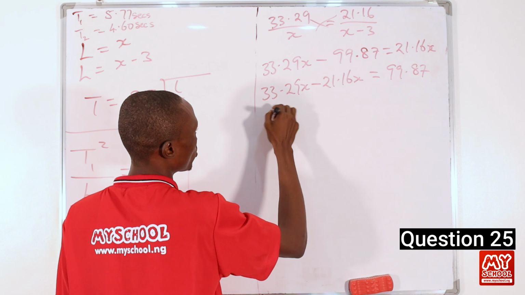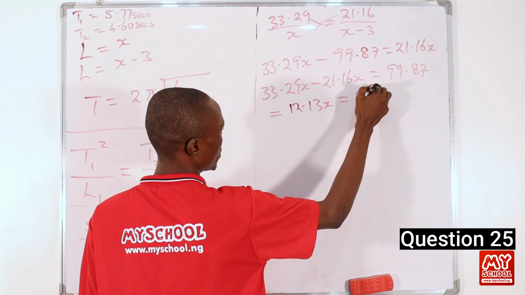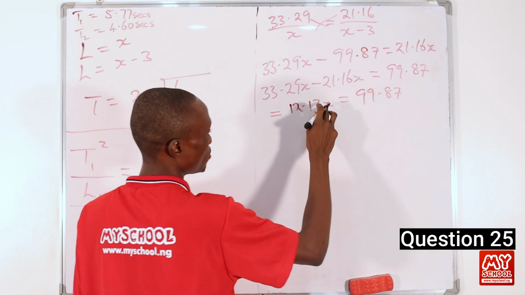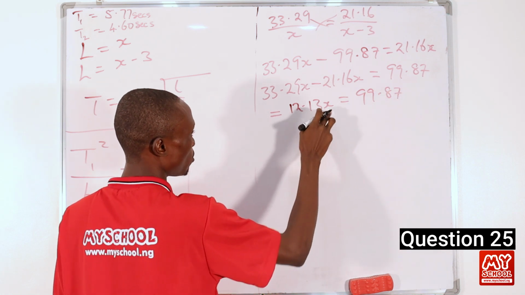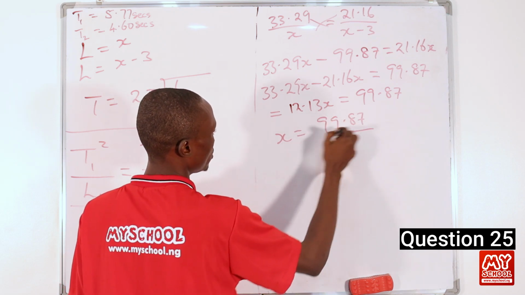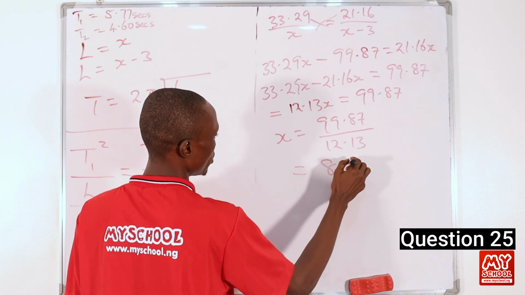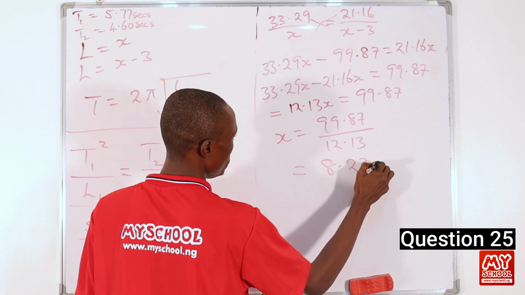If we subtract, this will be equal to 12.13x equals 99.87. So we divide both sides by the coefficient of x to get the value of x. So x equals 99.87 divided by 12.13, and that will be equal to 8.23 meters.